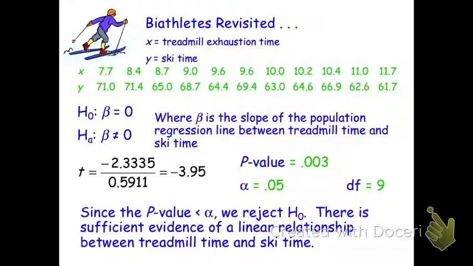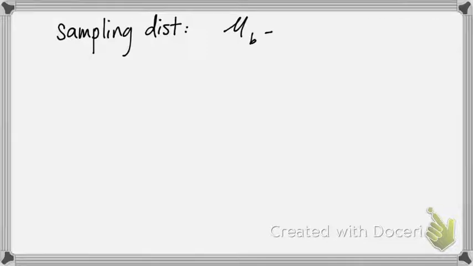So let's just recap today, because this is all of it, and we're going to do write-ups next class. Okay, so go back to sampling distributions. We had that the mean of beta was equal to what?